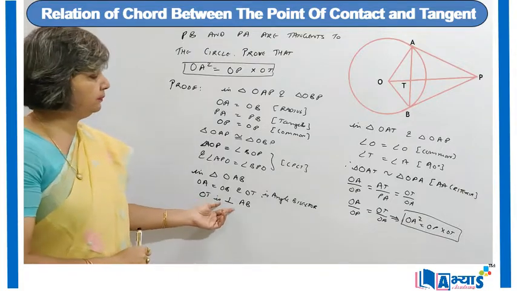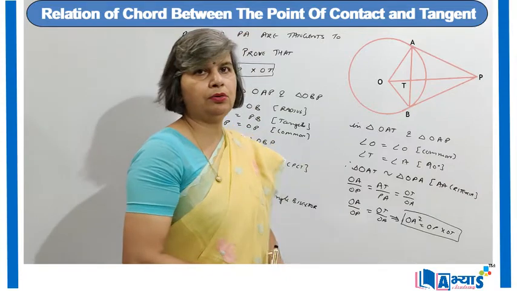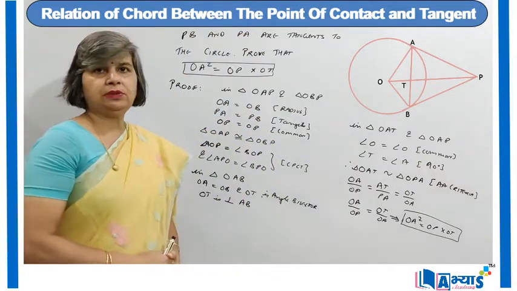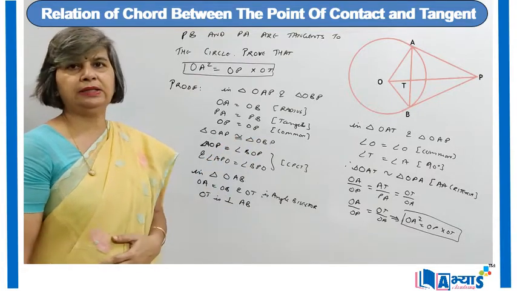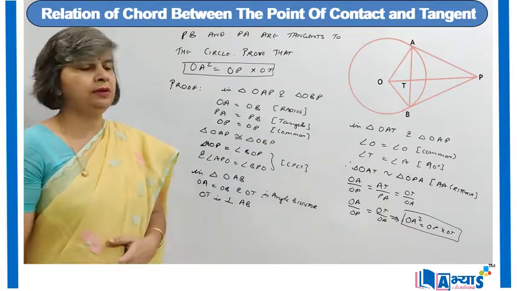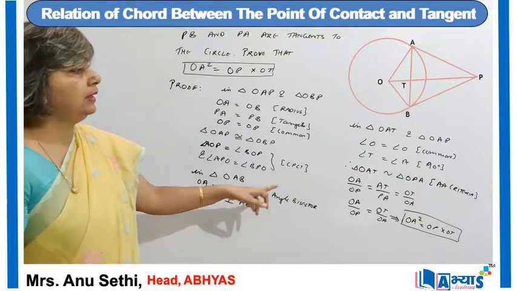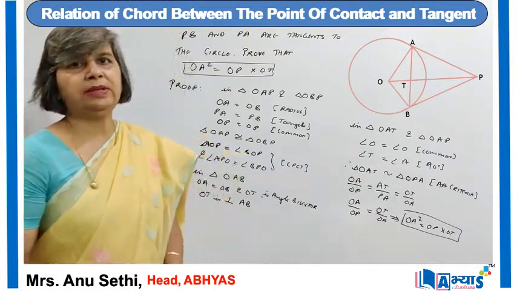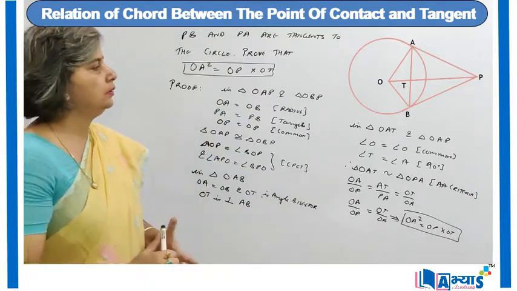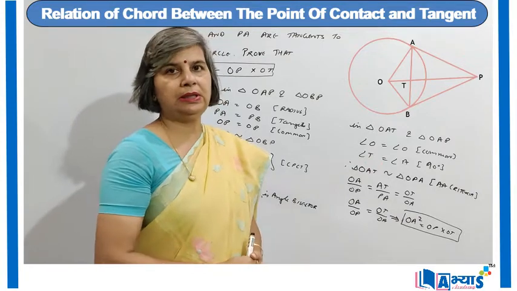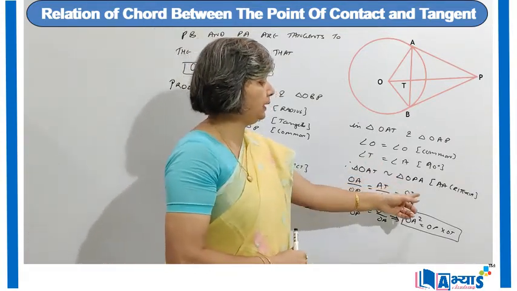Now in triangle OAT and triangle OAP, angle O is equal to angle O, it is common in both, and angle T is equal to angle A, each is 90 degree, because OT is perpendicular to AB and the tangent makes an angle of 90 degree with the radius. Now the two triangles are similar using the AA criteria. So triangle OAT is similar to OPA.